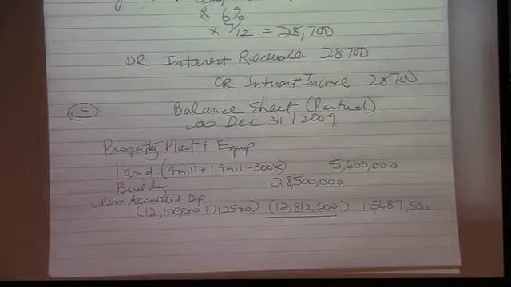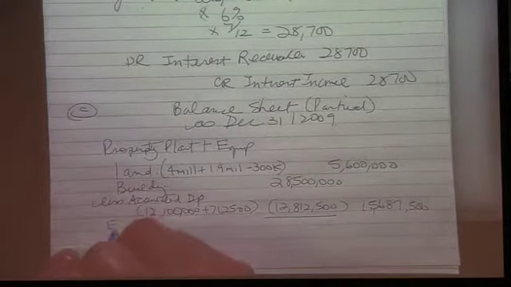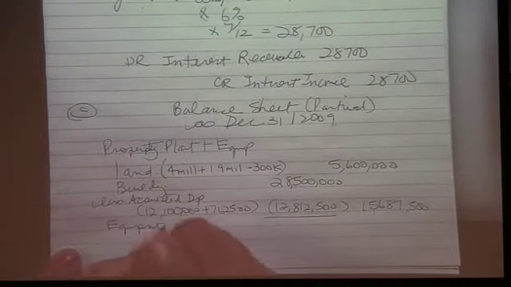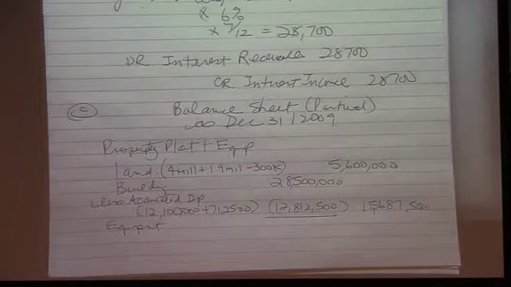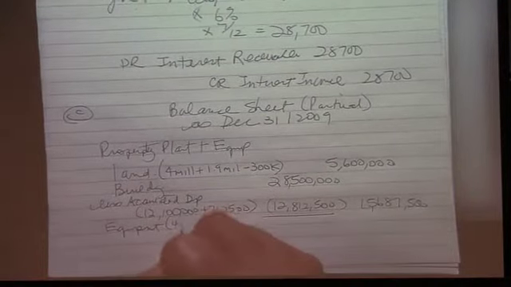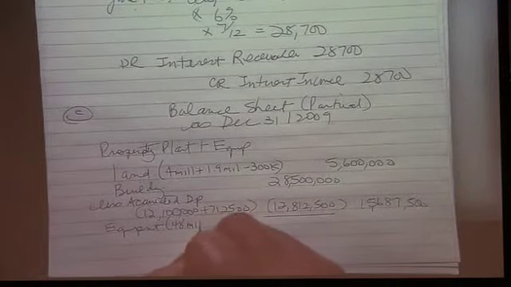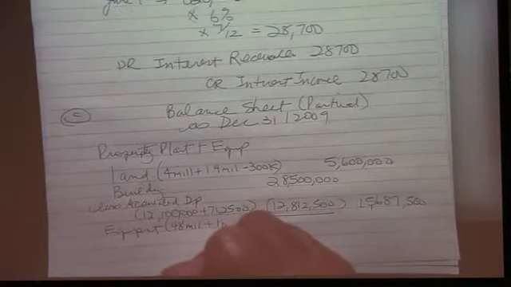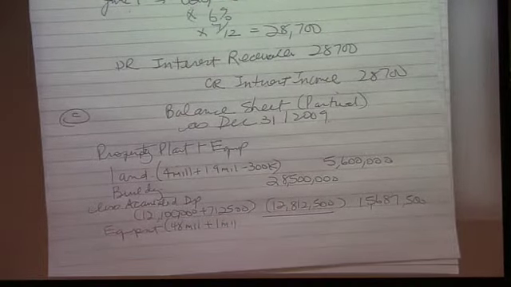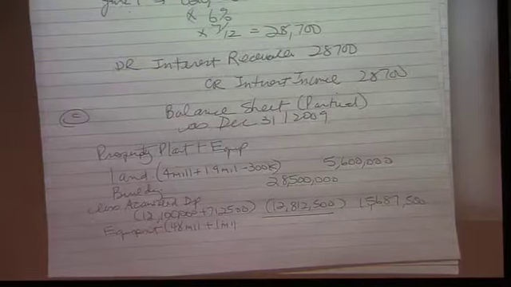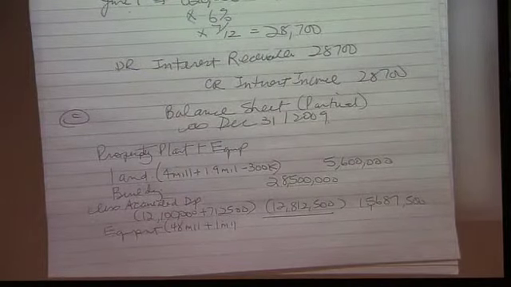Now we've got equipment. Equipment had multiple activities. We had 48 million. We added 1 million on July 1st when we bought that equipment on account.